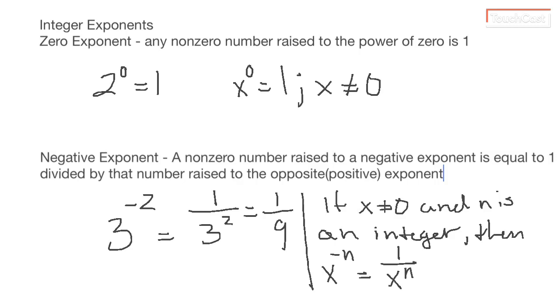So let's look at a couple examples. We can call this example 1. We're going to simplify. We have 4 problems we're going to look at.